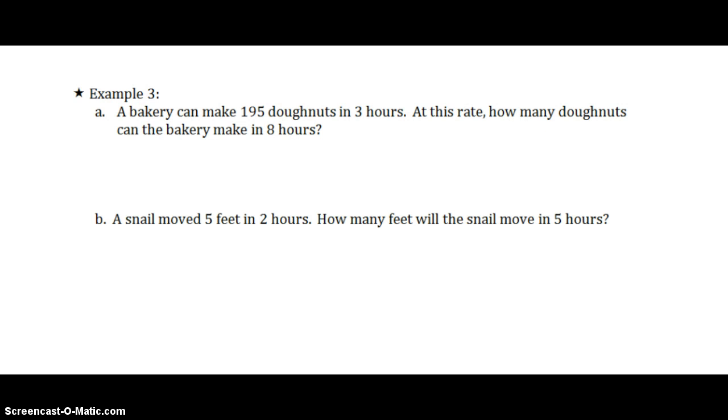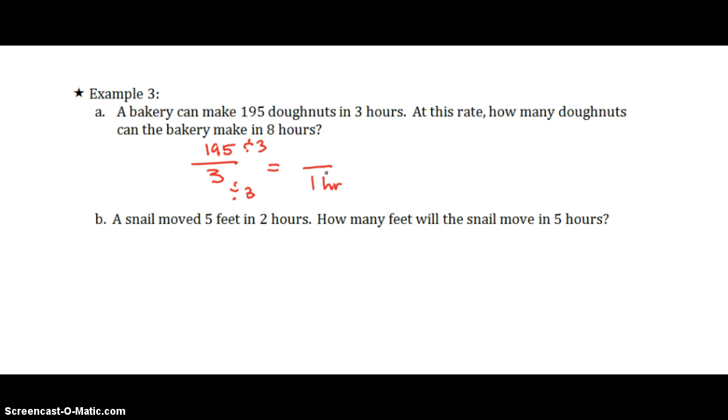A bakery can make 195 donuts in 3 hours. At this rate, how many donuts can the bakery make in 8 hours? Well, let's figure out how many donuts per 1 hour. So 195 divided by 3 hours, divide the top and the bottom by 3 to get our denominator of 1 hour.